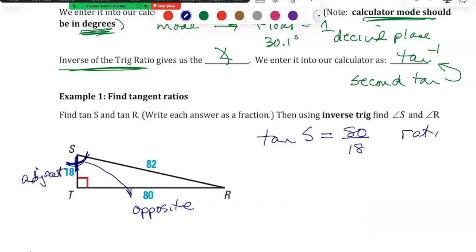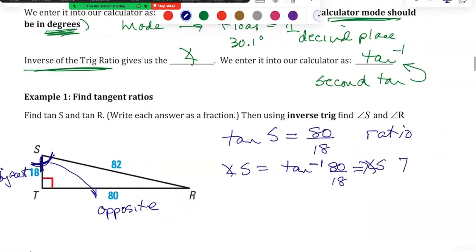That is your ratio. If you want the angle, you would say S equals tan^-1 of the exact same ratio, and that's going to give you angle S, and angle S will be equal to 77.3 degrees. Okay, so you should check to make sure you can get that.